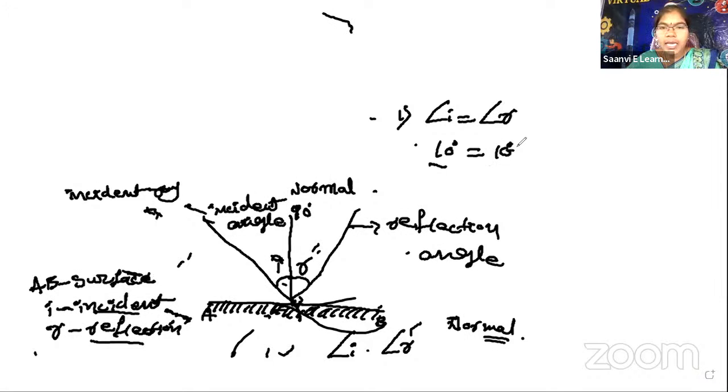So angle I equals angle R. The second one is that the incident ray, the reflected ray and the normal all lie on the same plane.